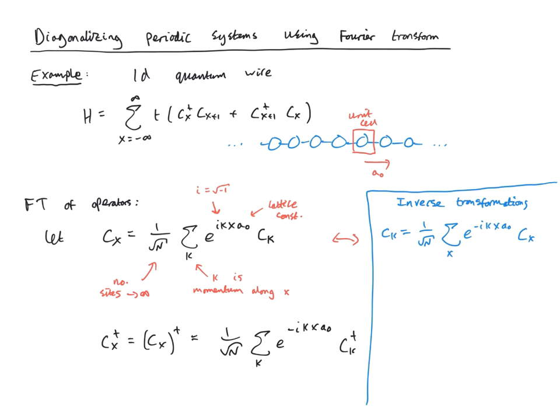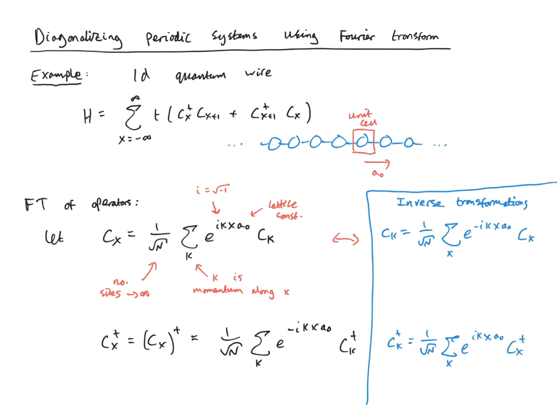Okay, I can also write down the analog of this equation, which tells me that ck dagger is equal to 1 upon root n, sum over x of e to the, and then this time plus i kx a0, of cx dagger.